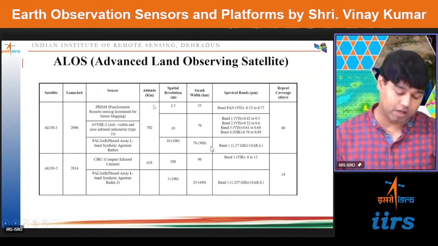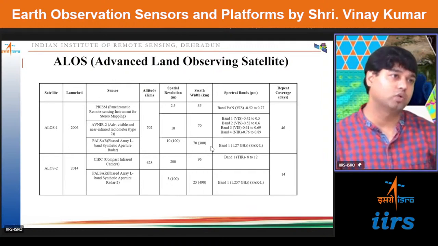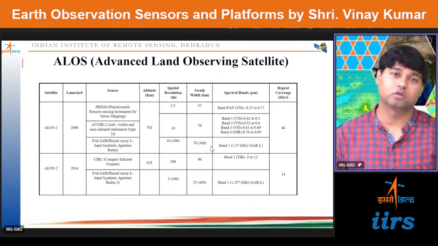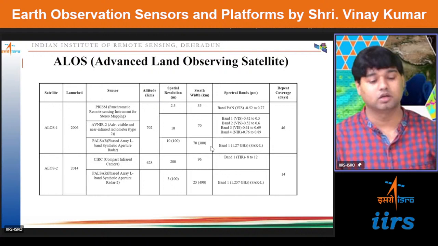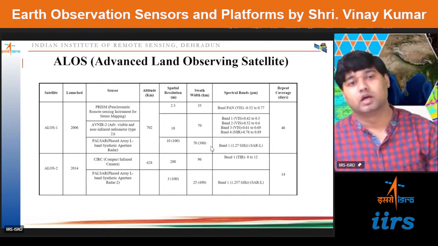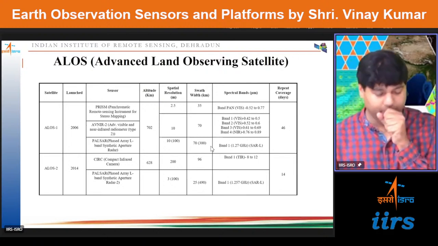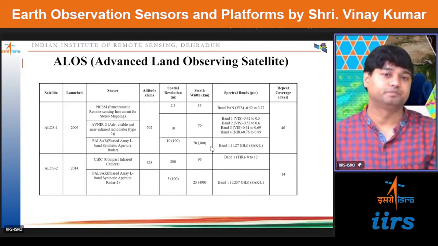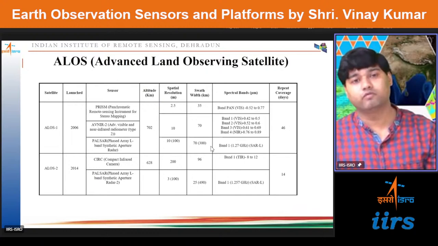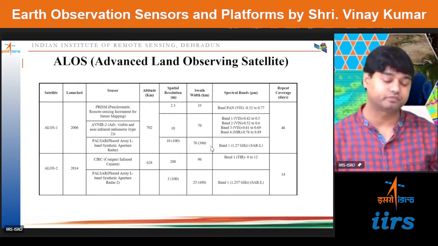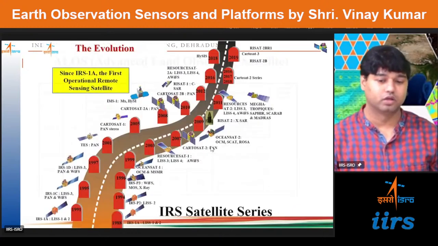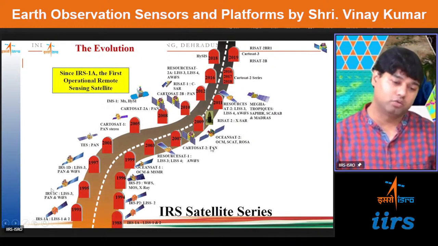Then from Japan, the ALOS satellite. ALOS 1 was launched in 2006 with a multispectral and panchromatic sensor and a microwave sensor. ALOS 2 was launched in 2014 with a thermal camera and a microwave L-band sensor. This is how remote sensing evolved in ISRO.